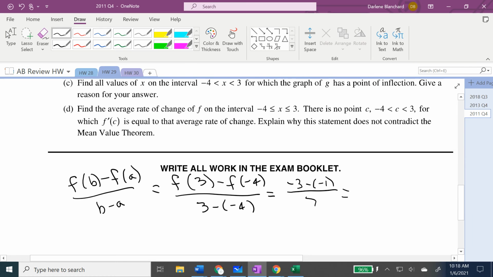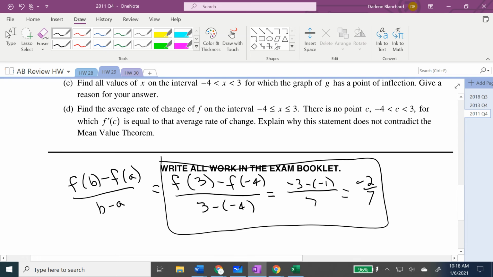And that will be -3 plus 1, so -2. So -2/7. Period. It goes on and says, there is no point c between -4 and 3 for which f prime of c is equal to the average rate of change. Voila.